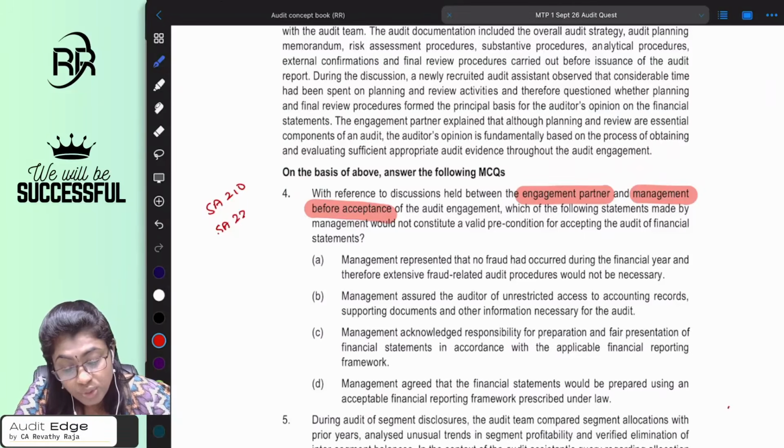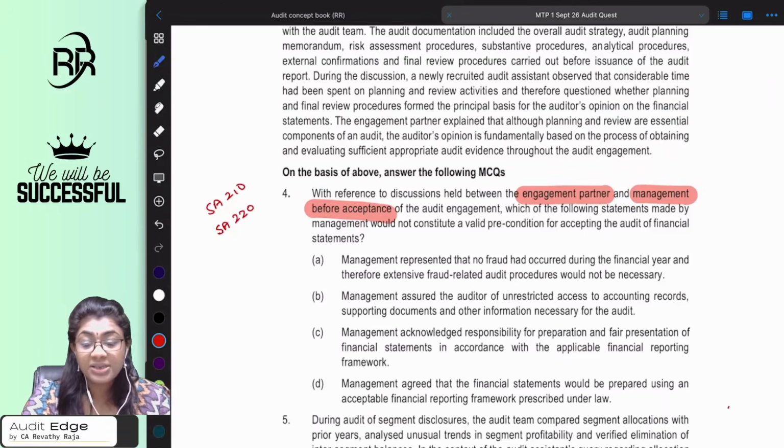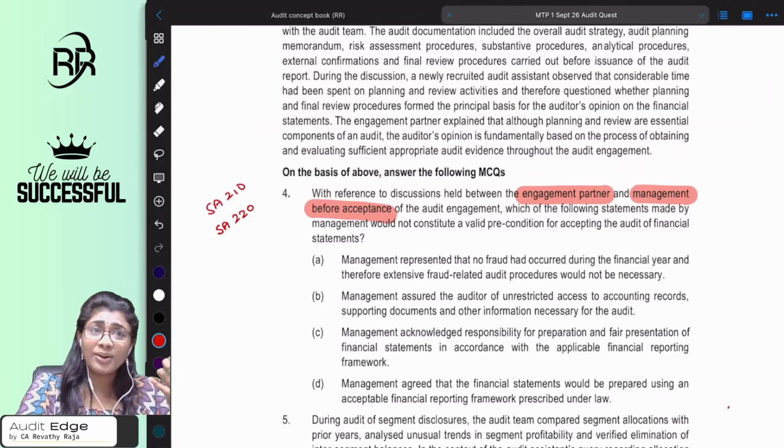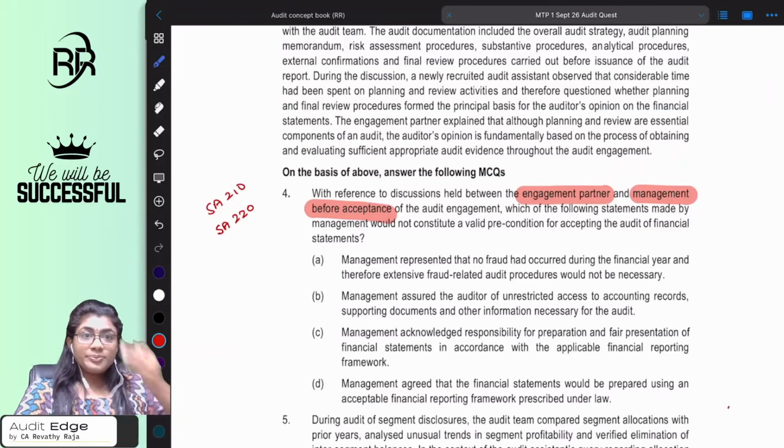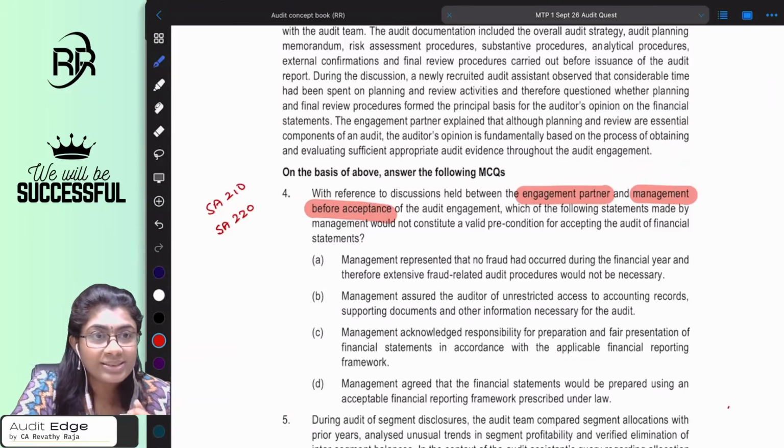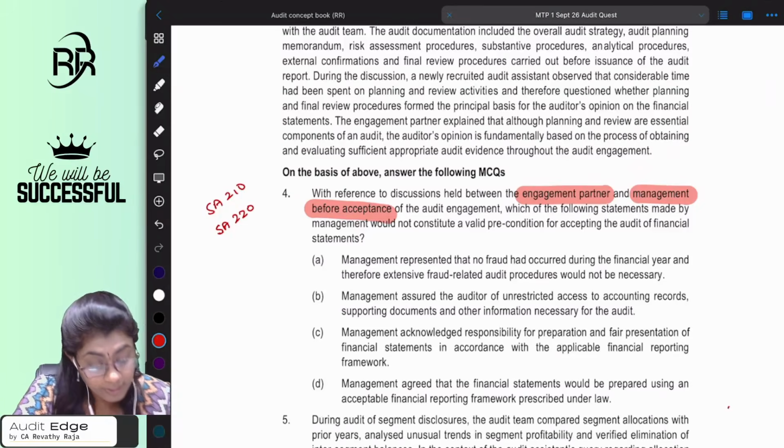Plus SA 220, acceptance and continuation of the client relationship. You have to check the integrity, ethical requirements, significant matters. All those things you have to check. Those 4 matters you have to check before acceptance. So I was just revising. Okay, come back to the question.